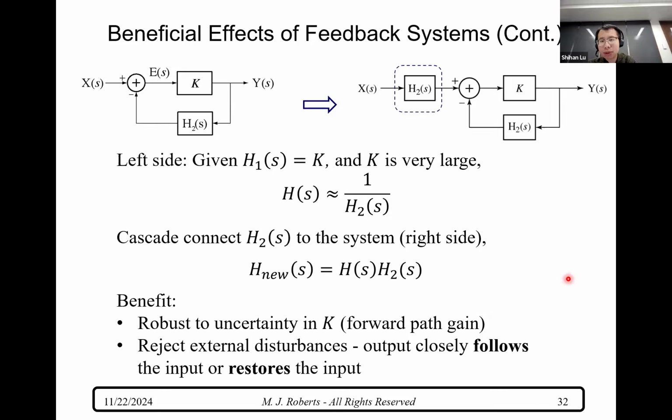Then the overall feedback system, along with a cascaded H2 of S, can be robust to the uncertainty in K in the forward feedback gain, and also very robust to the external disturbance on the intermediate blocks, on the intermediate elements of this system.